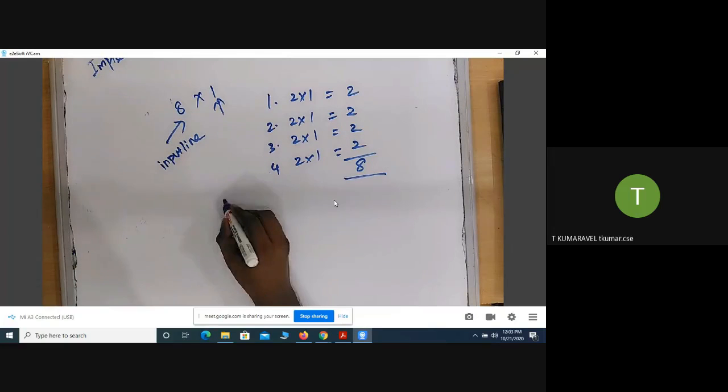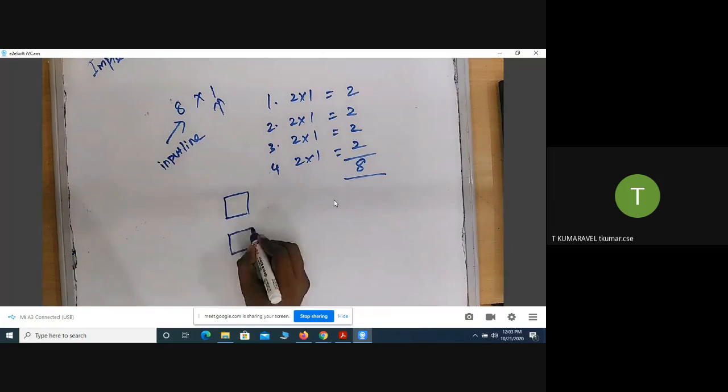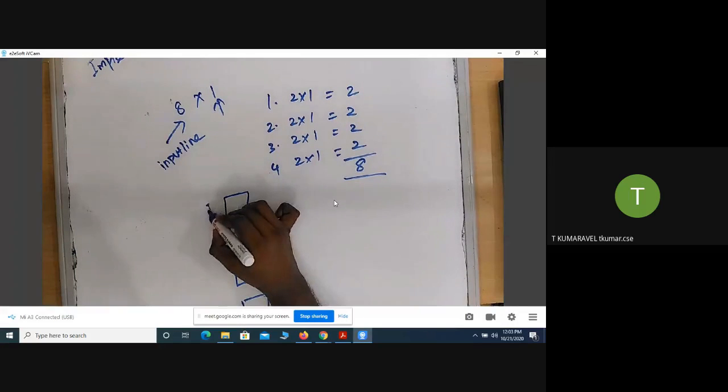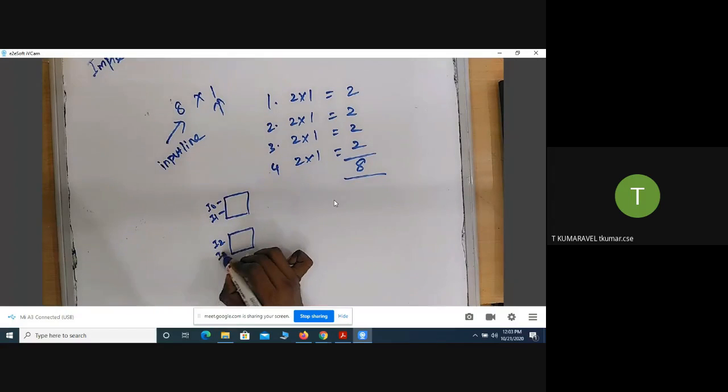How do you implement that? So 1, 2, 3, 4. Each one takes 2 bits as input: I0, I1, I2, I3, up to I6 and I7. This is a 2 by 1, this is a 2 by 1, and this is a 2 by 1, and then another 2 by 1.